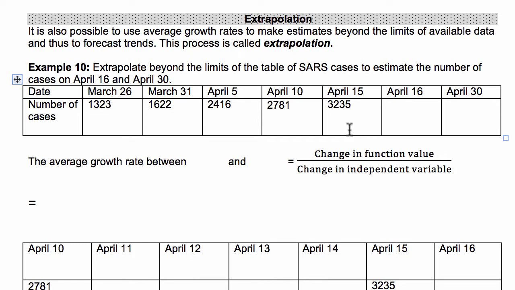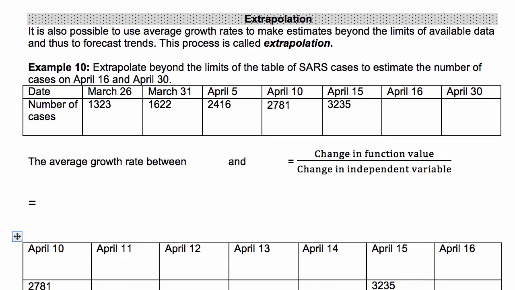Instead, we will do the next best thing and use data points close to but less than the data point we wish to estimate. In our case, we wish to estimate the number of SARS cases on April 16th, so we will find the average growth rate using the April 10 and April 15 data points.